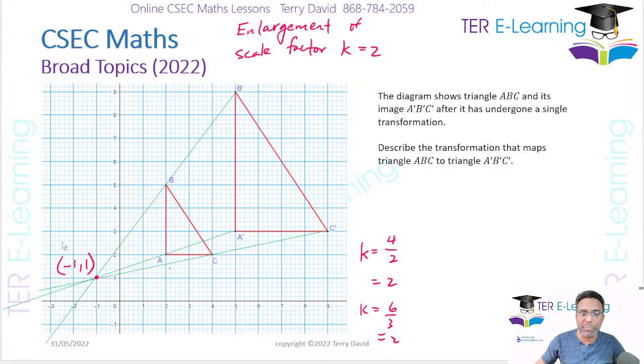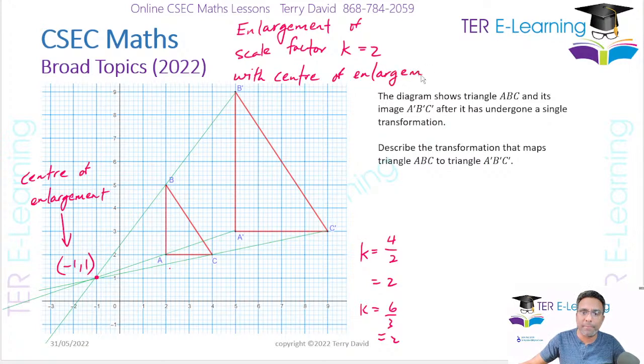So this point here is what we call my center of enlargement. So we're going to say it's an enlargement of scale factor 2 with center of enlargement, and you need to specify a coordinate, which is -1, 1.